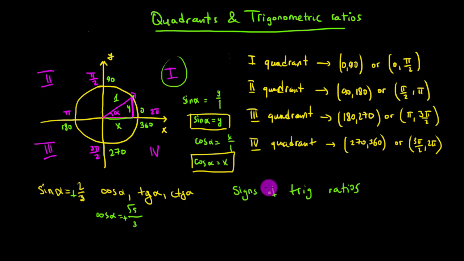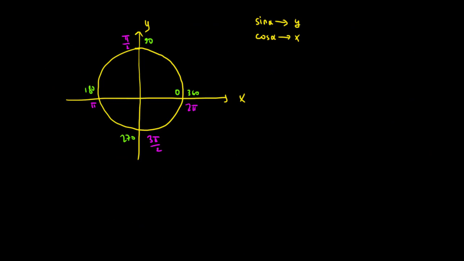So what does it mean? As we said, sine is y and cosine is x. So what is the sign of sine? In the first quadrant, x is plus and y is also plus.